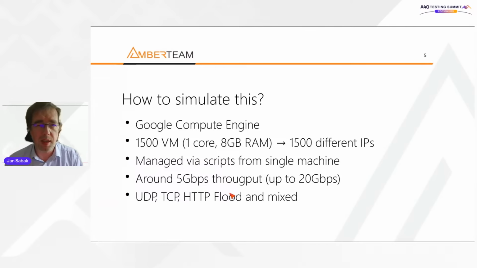And of course, these simulations are legal, so we are talking to our clients about how big a throughput they need, and they say that 5 gigabits is okay. The biggest we conducted is 20 gigabits per second. And as I said, we usually do UDP attack, TCP attack, HTTP attack. These are flood attacks, but I will show you not only flood attacks today, but also amplification attacks.